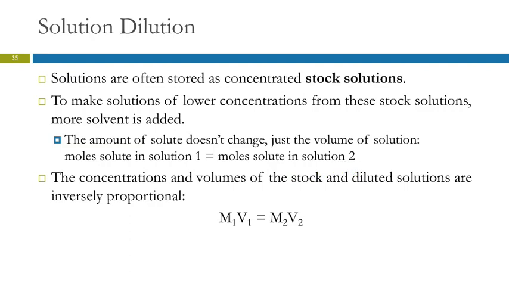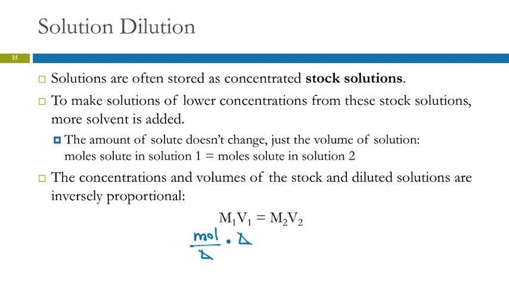So because of this, we can write an equation like this. M1V1 equals M2V2. The molarity of the first solution times the volume of the first solution equals the molarity of the second solution times the volume of the second solution. And if we look at this, molarity is moles per liter, and we're multiplying that by a volume in liters.